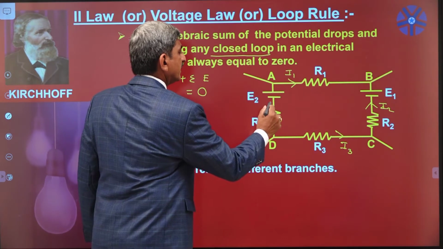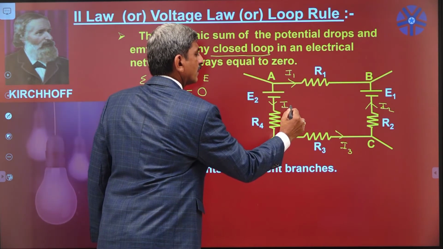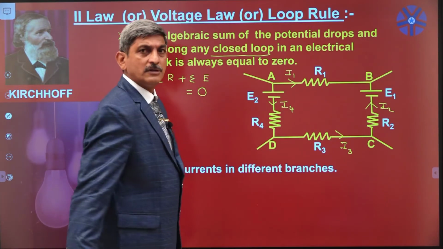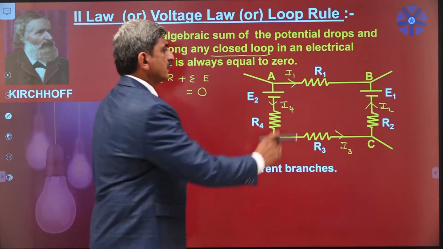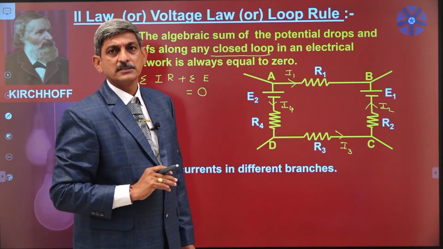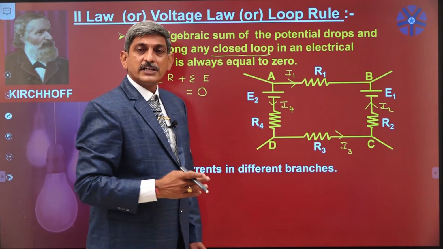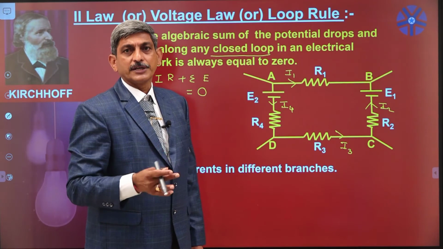I assume the current I4 from top to bottom. Say in 4 branches, I assume 4 currents. The direction of the current is my choice. We can assume any direction.